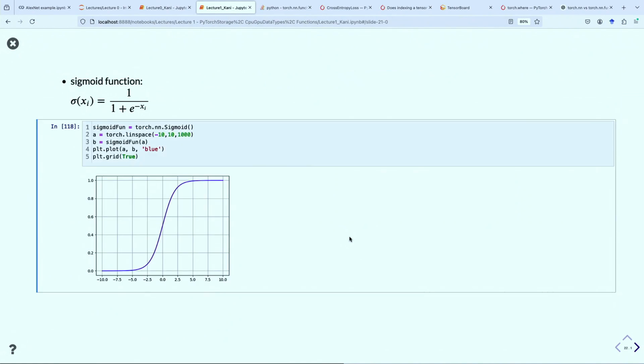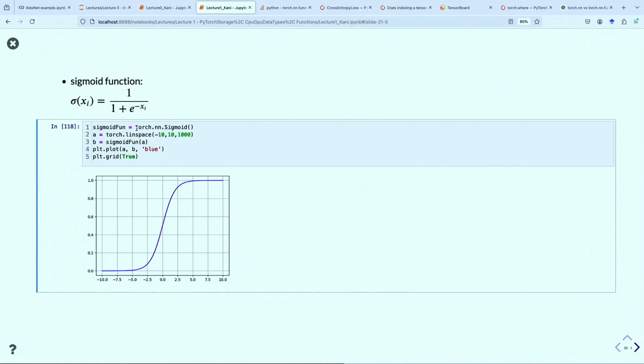Same thing with sigmoid functions. I'm sure you have seen this one before. It is a very standard torch function, and I can't think of any machine learning model it doesn't appear in. Basically you have this step function right here. The step function comes up a lot in computer science. A lot of you are probably electrical engineers, so it comes up a lot in amplifier designs and things like that.